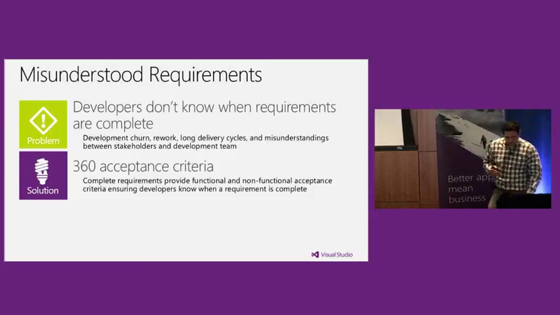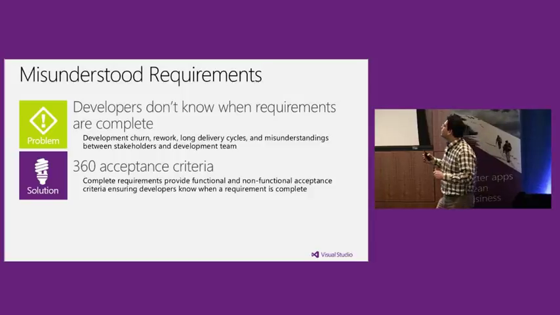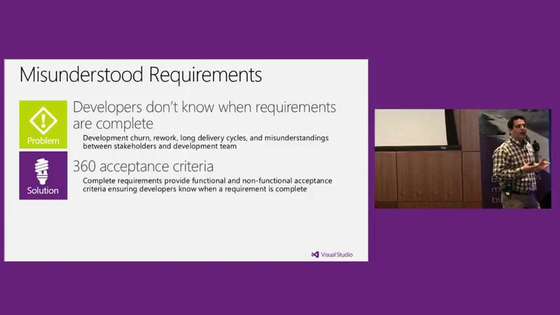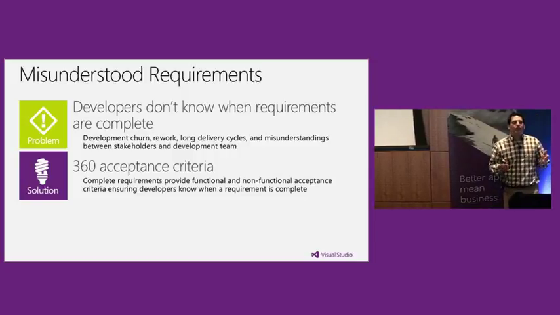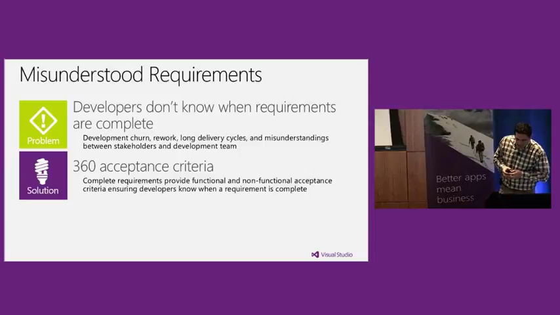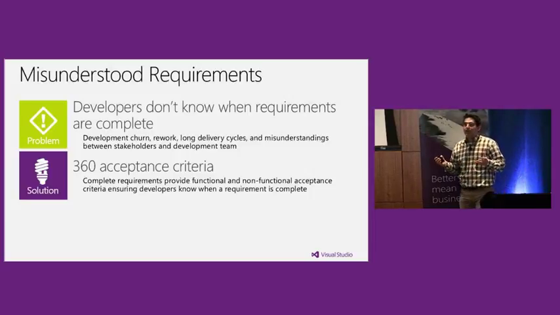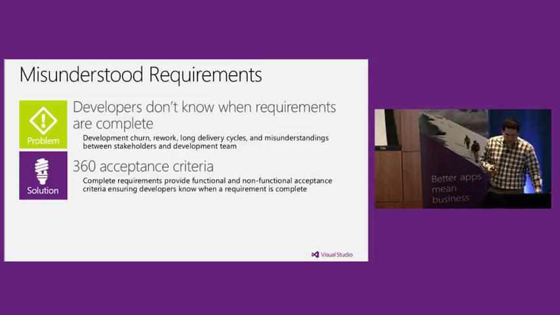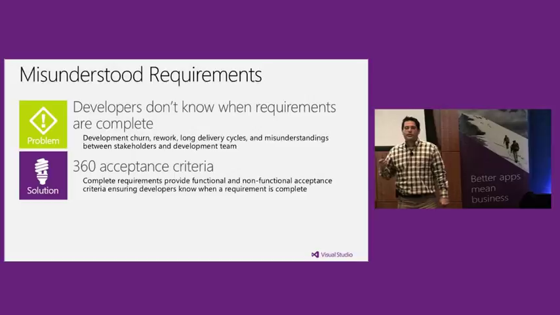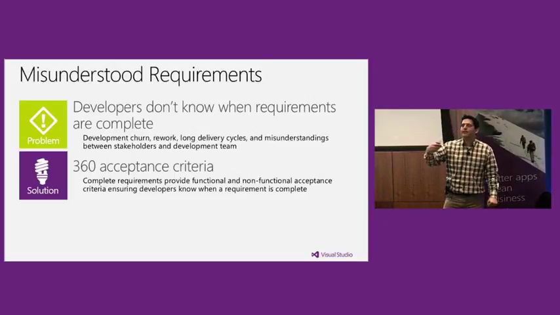So it's really important to get to a 360 degrees acceptance criteria that would be agreeable upon by every stakeholder. And it means user stories, requirements, product backlogs, and others. It's very important for the developer to know exactly what they develop.